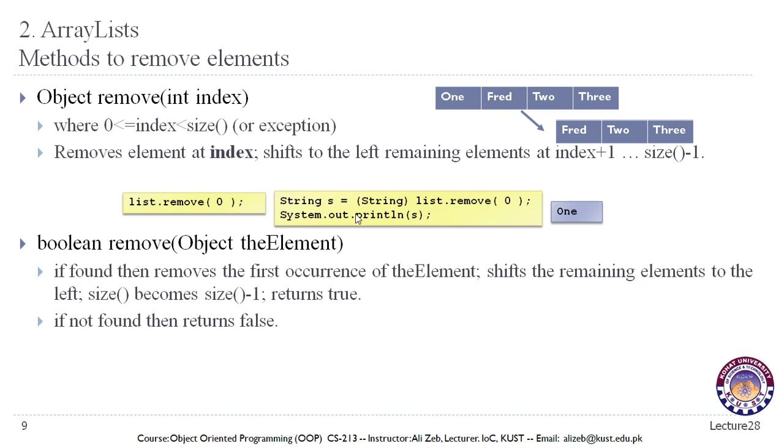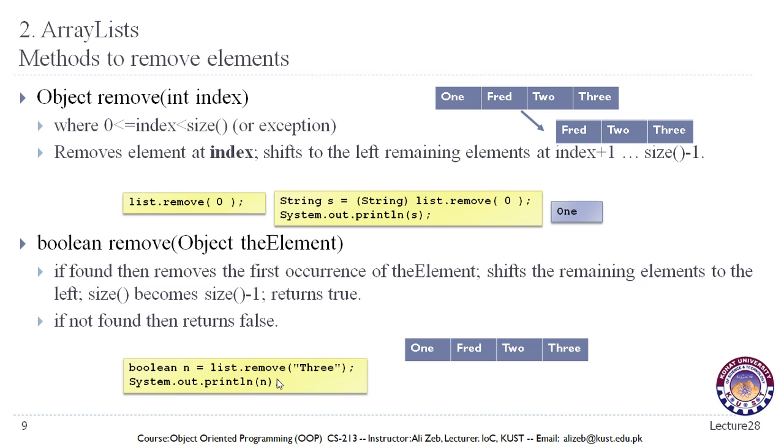If not found, it returns false. For example, if you want to remove the element 3 from the array list, this is the syntax for that. It will return true if the element 3 has been found and removed from the array list, otherwise it will return false.